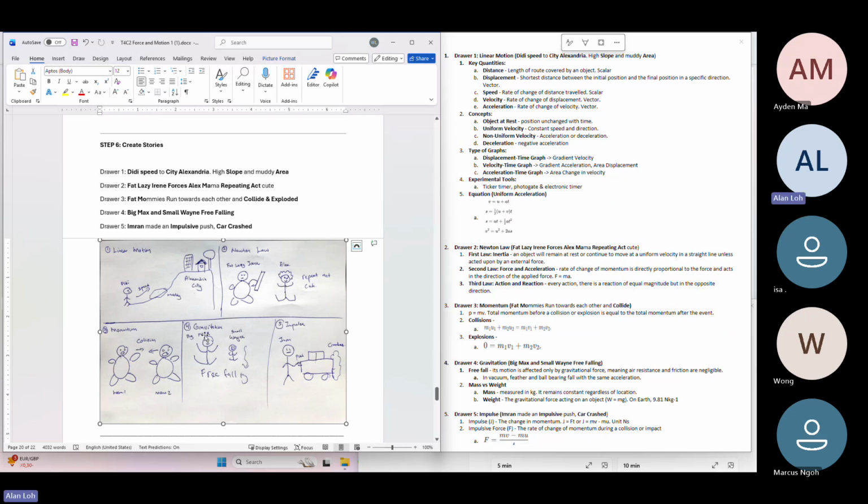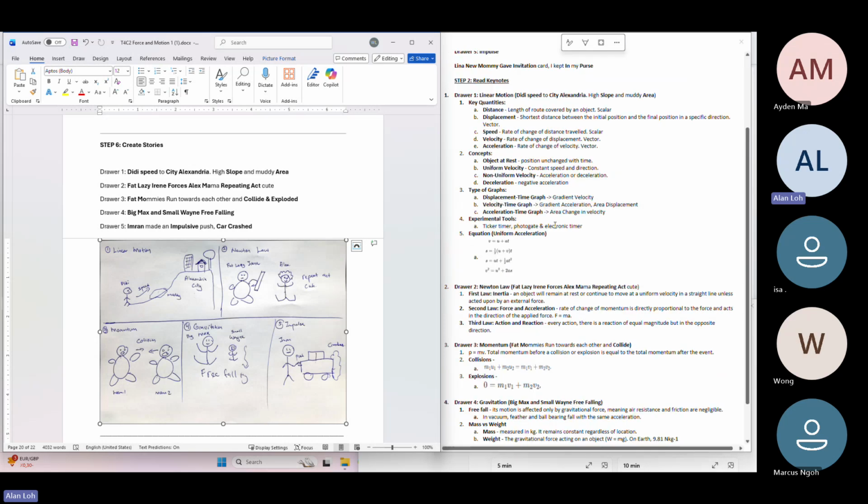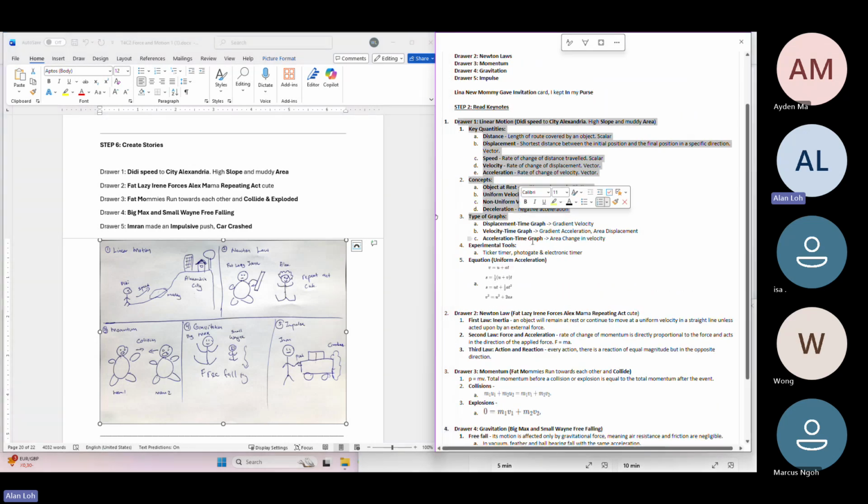Because there's a max, which is representing the mass, and weight is representing the weight, right? Then momentum, and so on and so forth, right? You can talk about the quantities, right? TT speed to city of Alexandria. So isn't that easy compared to remembering this text? And especially after 2 weeks, I'm sure you forget it, right?